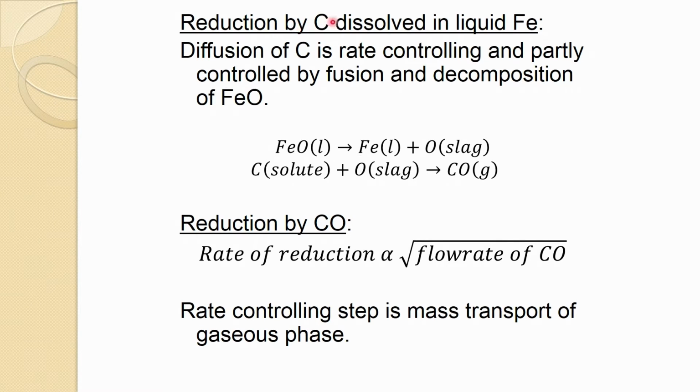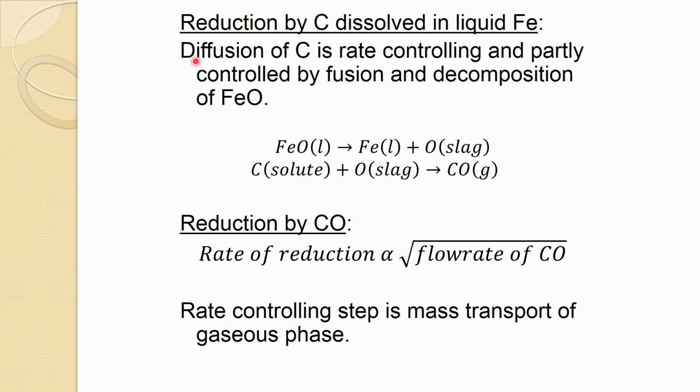So, reduction by carbon dissolved in liquid iron, this of course we have seen in relation to the blast furnace in the hearth region. So, diffusion of carbon is rate controlling and partly controlled by fusion and decomposition of FeO. So, FeO also can decompose, because it is operating at a very high temperature in the liquid state, to Fe and O, and this solid carbon reacts with oxygen and forms CO gas.